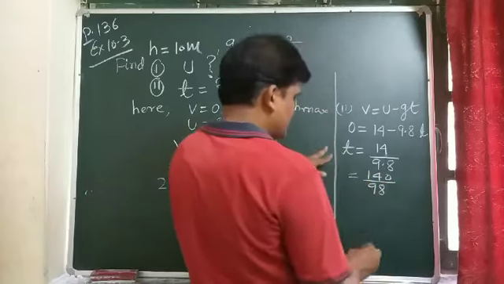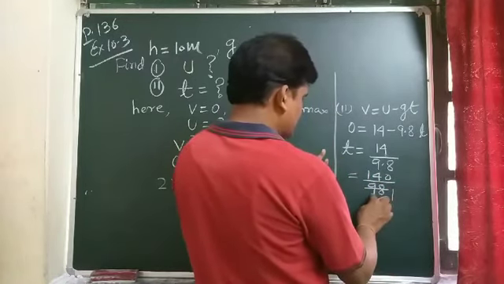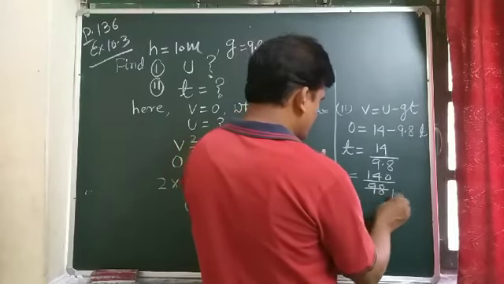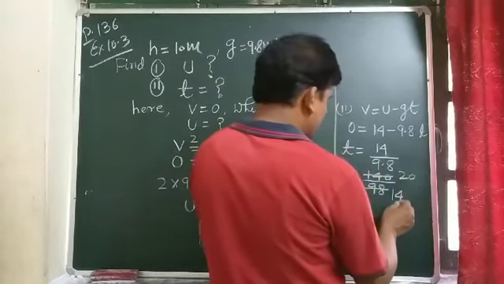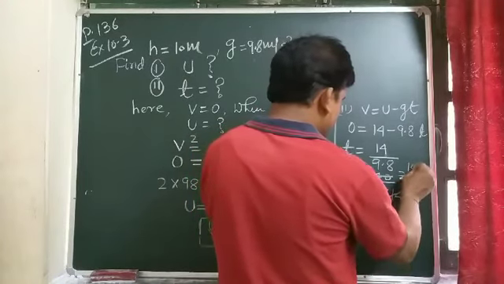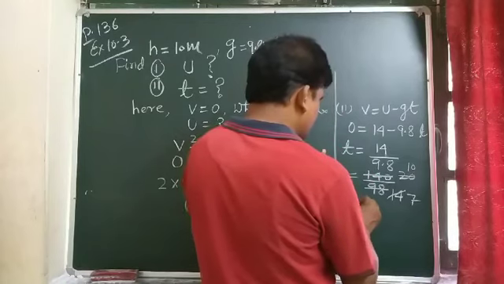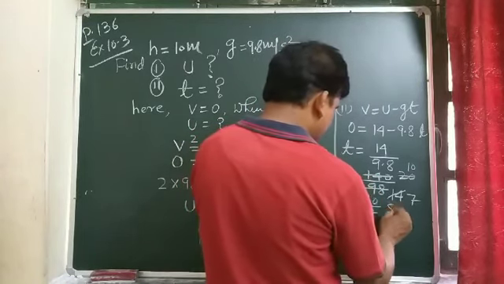Dividing, 7 times 2 is 14, 7 times 4 is 28, and so on, so t equal to 10 by 7 second.